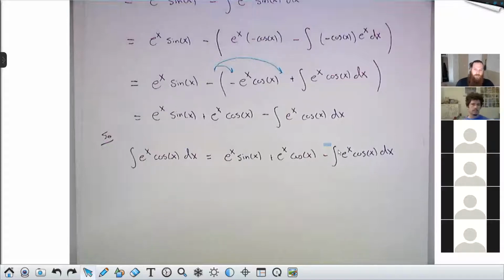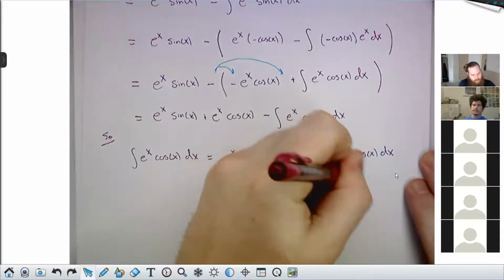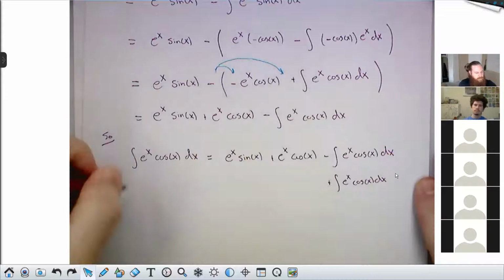I'm going to add this integral back over to the other side. I'm going to treat this integral as an algebraic object and add it to both sides.